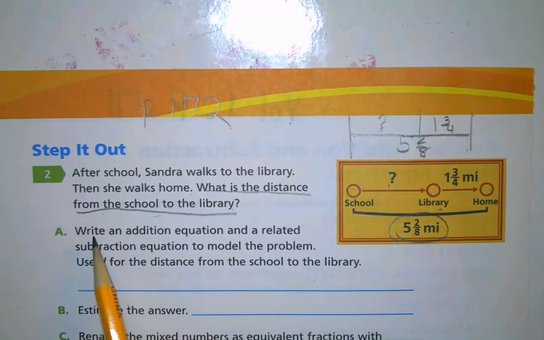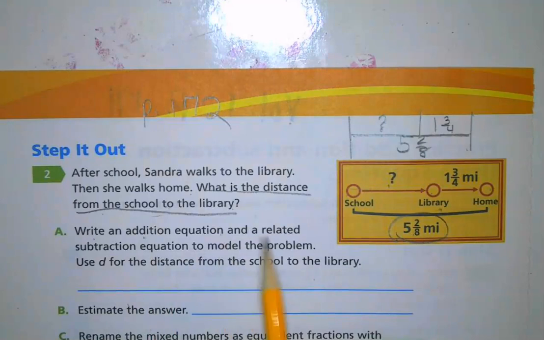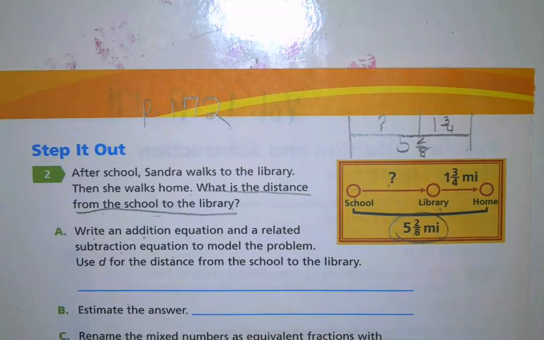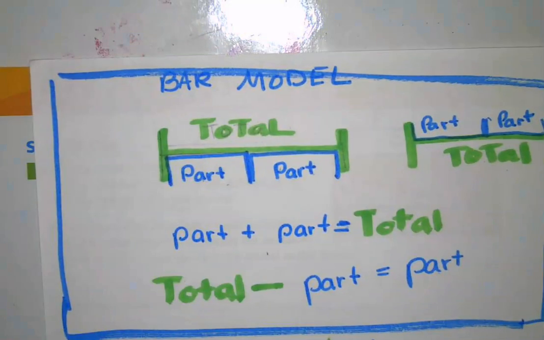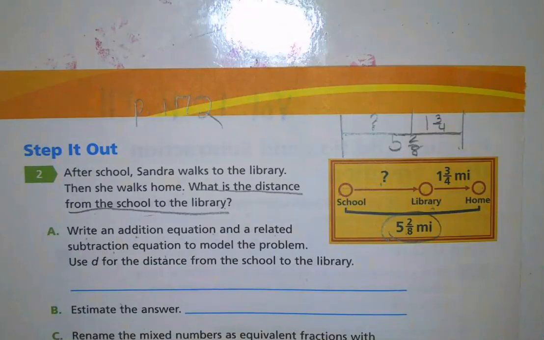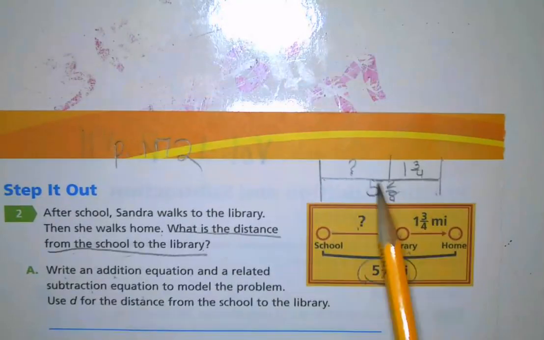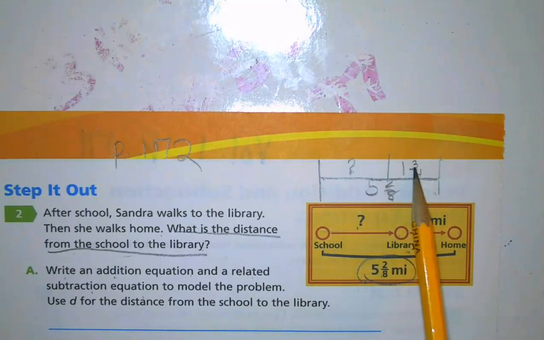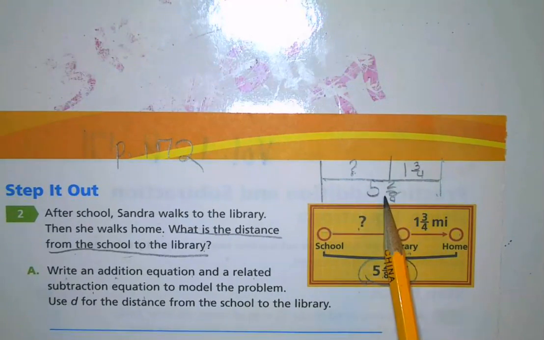It says here I can write an addition equation and then a related subtraction equation to model the problem. Okay, and that goes back to what we were talking about before. I can write two different equations for that bar model. If I look at the bar model, I know that this part and this part has to add up to the total.